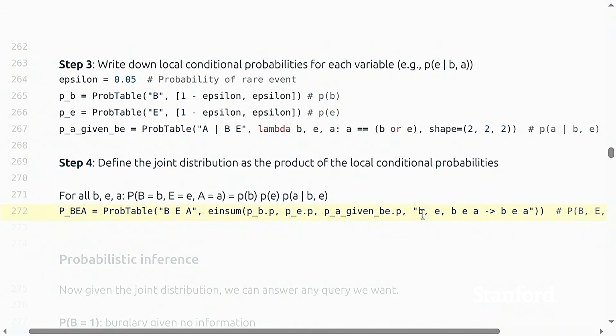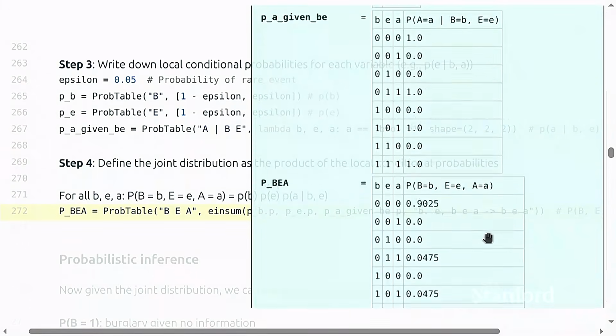And this string tells me how all the indexes are going to behave. PB is this tensor corresponding to indexing B. This one corresponds to indexing E. And then this one, I have B, E, and A. And the output is B, E, and A. Okay, so I'll just show you what the result looks like.